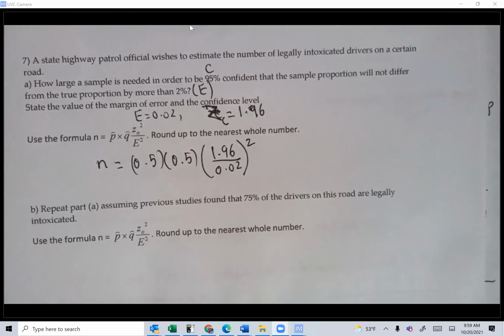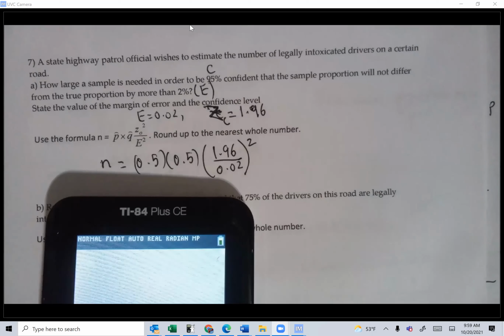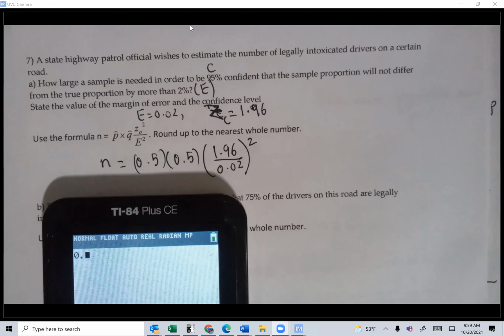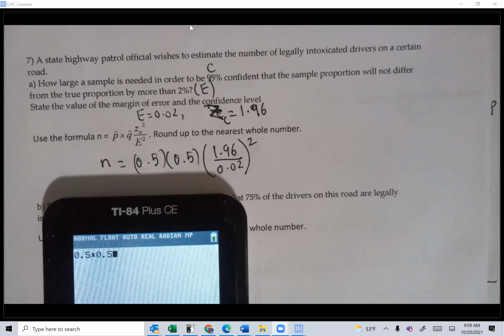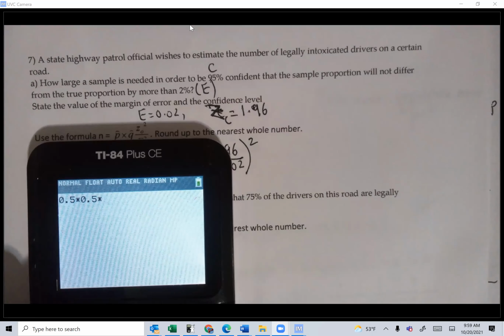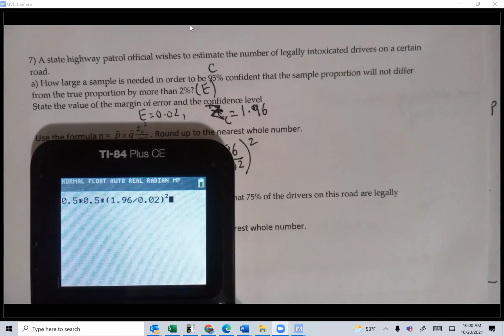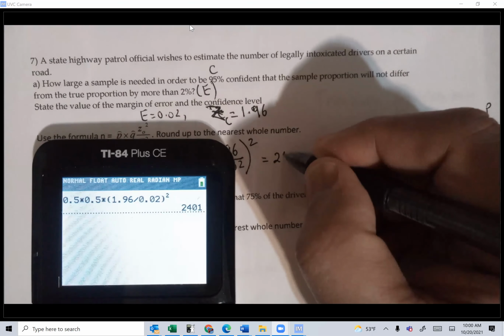Okay, let's do that. 0.5 times 0.5 times 1.96 divided by 0.02, and don't forget to square it right here. Okay, enter. 2,401 exactly. So no need to round, guys, because it's a whole number.